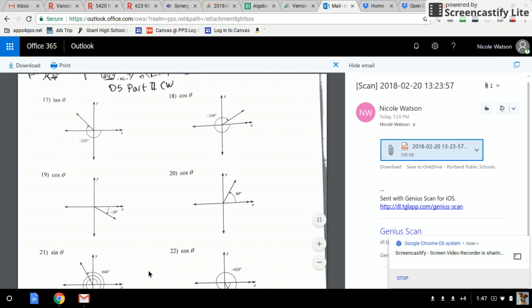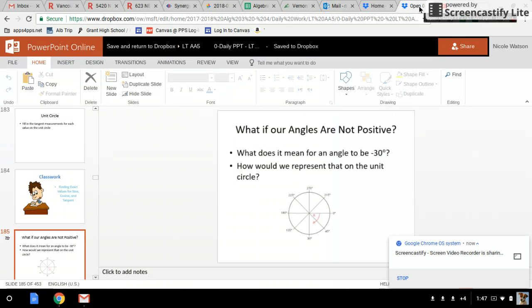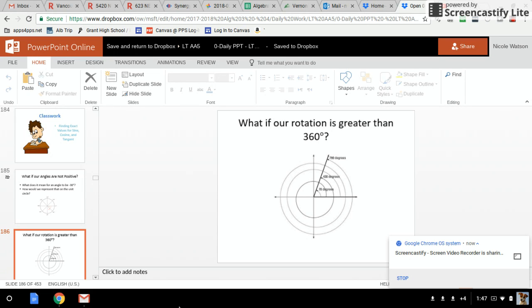What about if I have an angle measurement that is bigger than 360 degrees? Well, let's look at that. The first thing I do is ask myself how big the rotation is, and I'm trying to find multiples of 360.